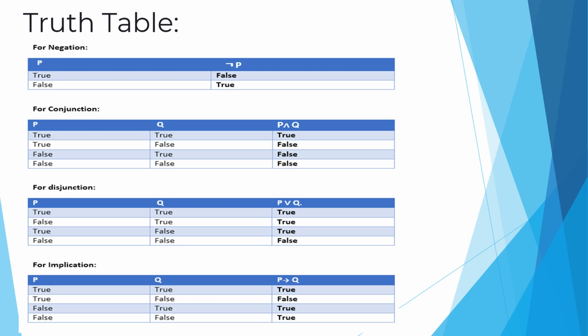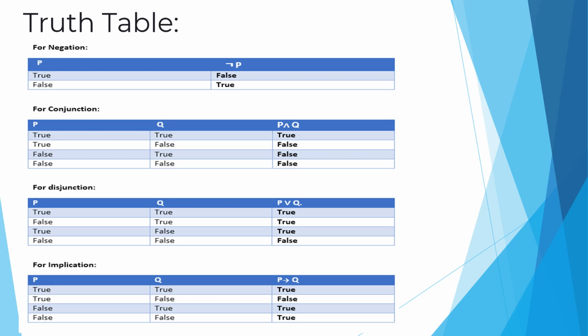The next one is disjunction. This disjunction also takes two statements. So we take the two variables P and Q. If the P statement is true and the Q statement is true, after applying the disjunction, the statement is true. When the P statement is false and the Q statement is true, after applying the disjunction, the statement will be true.